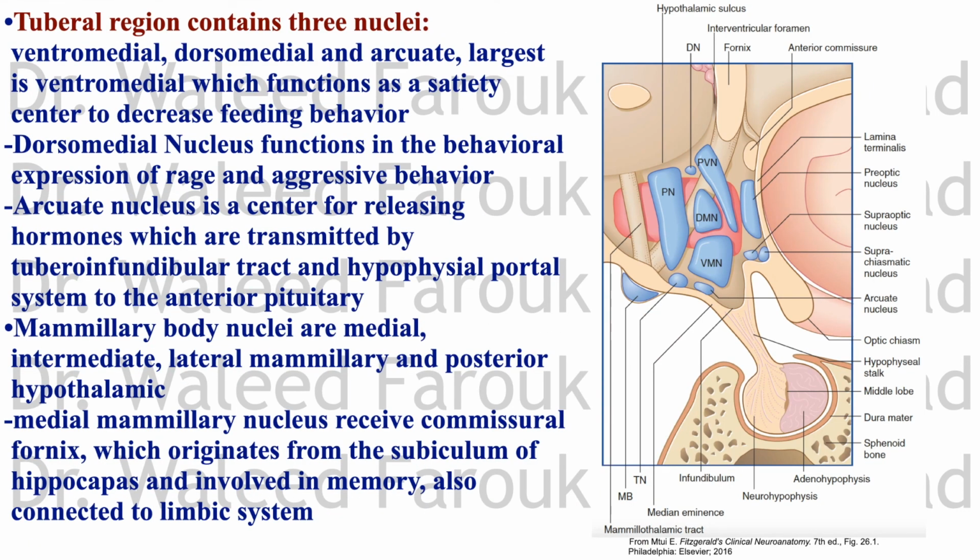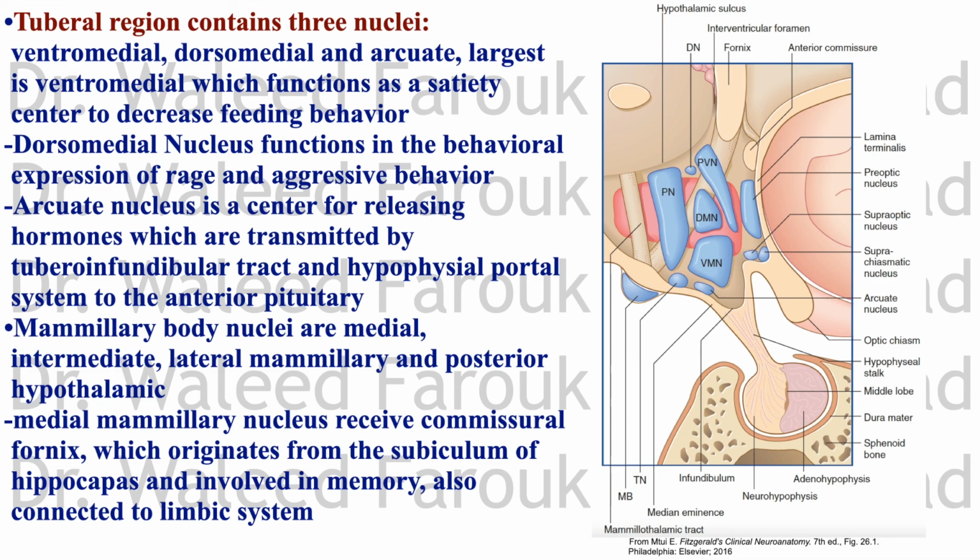The tuberal region contains three nuclei: the ventromedial, the dorsomedial, and arcuate nuclei. Largest is the ventromedial, which functions as satiety center to decrease feeding behavior, and affection of this center leads to hyperphagia, eating non-stop.